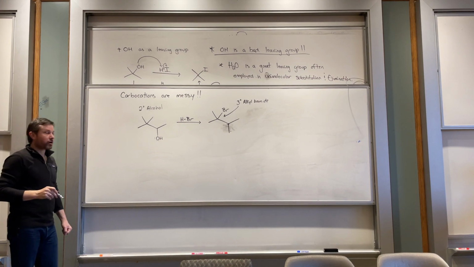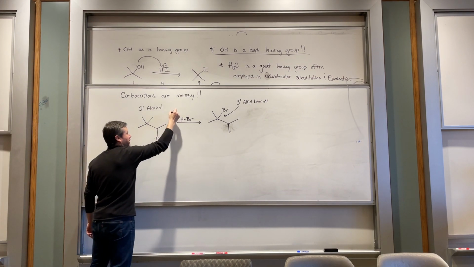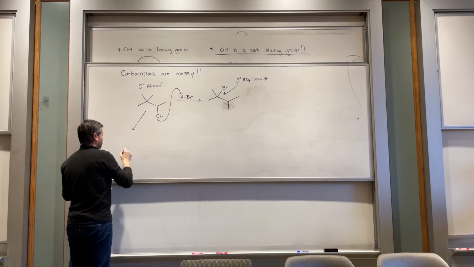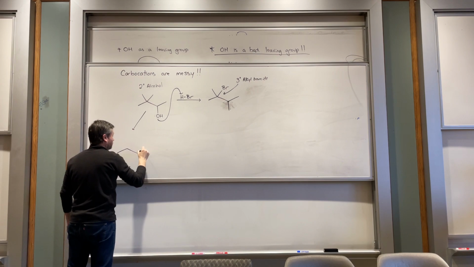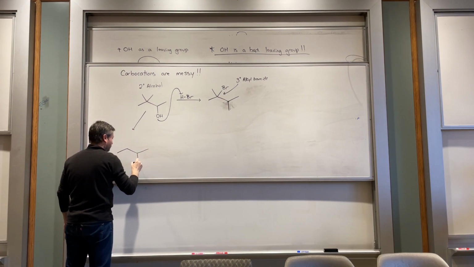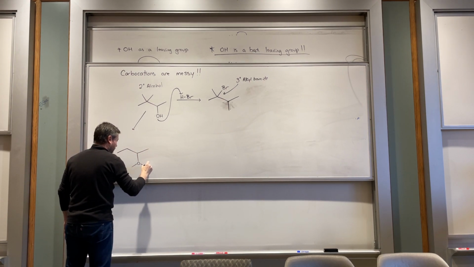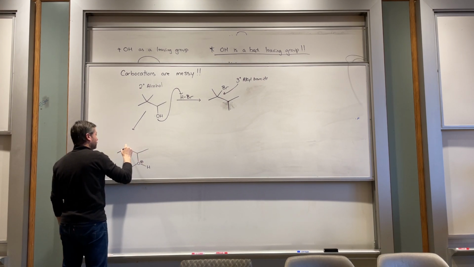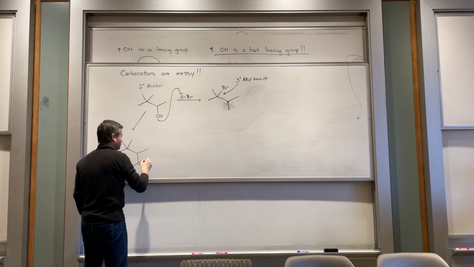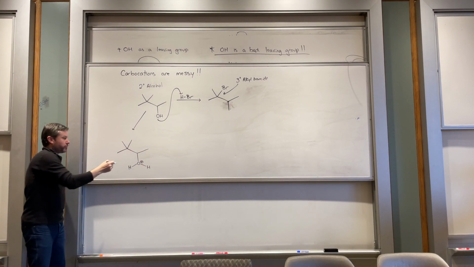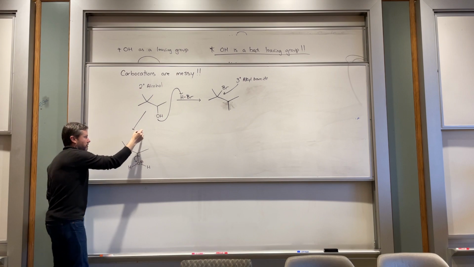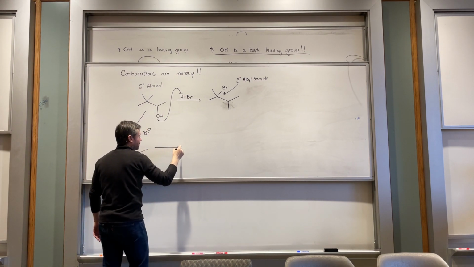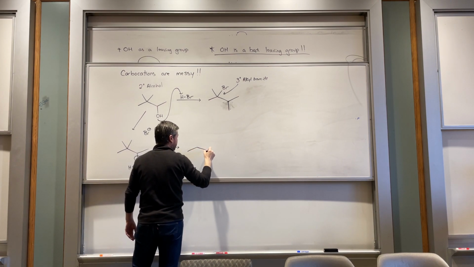Right, so we have our alcohol that's going to interact with the acid, gain a proton. Form our water leaving group, the water will leave. And in doing so, we're forming a secondary carbocation.